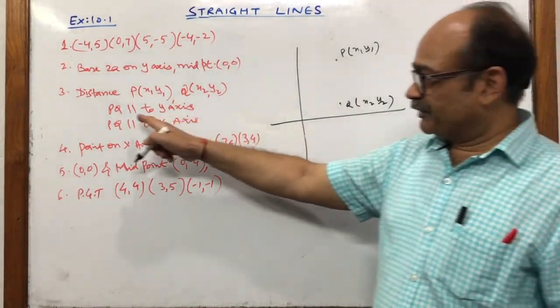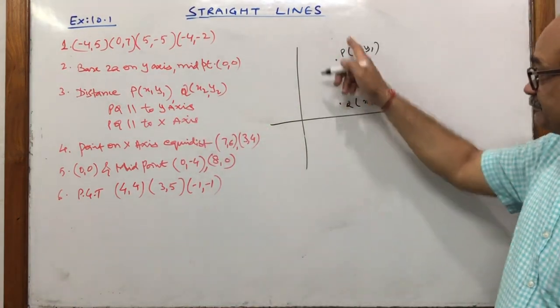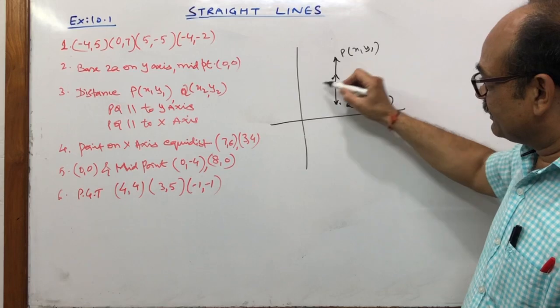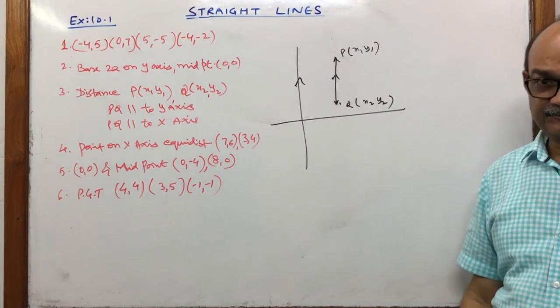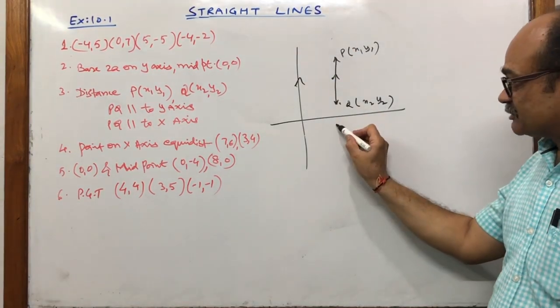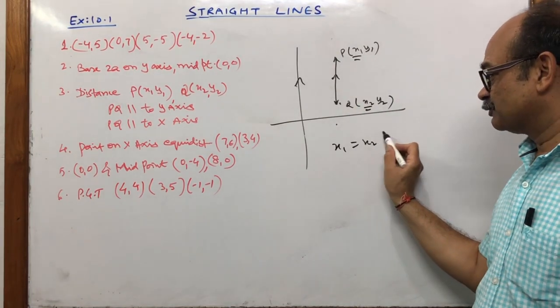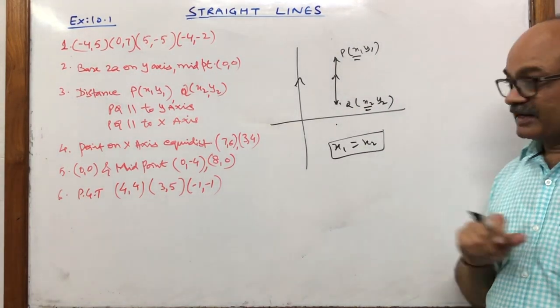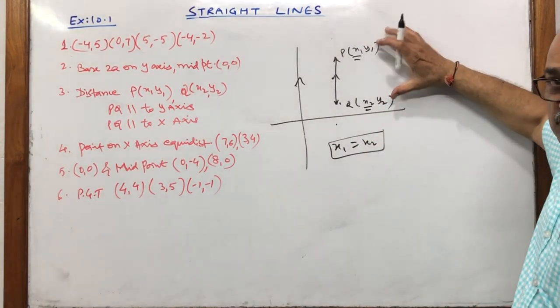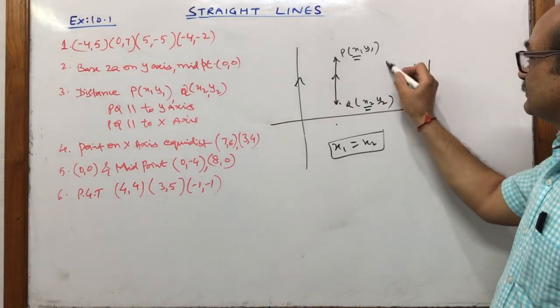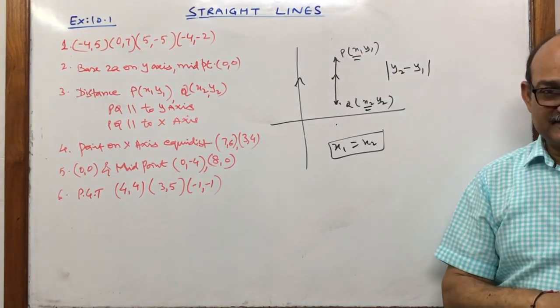Second part, if PQ is parallel to the y-axis, tell me, if it is parallel to the y-axis, it means their x coordinate must be the same. So x1 equals x2 and y1, y2 are different. So what is the gap between these two? It is the distance between the 2 points.